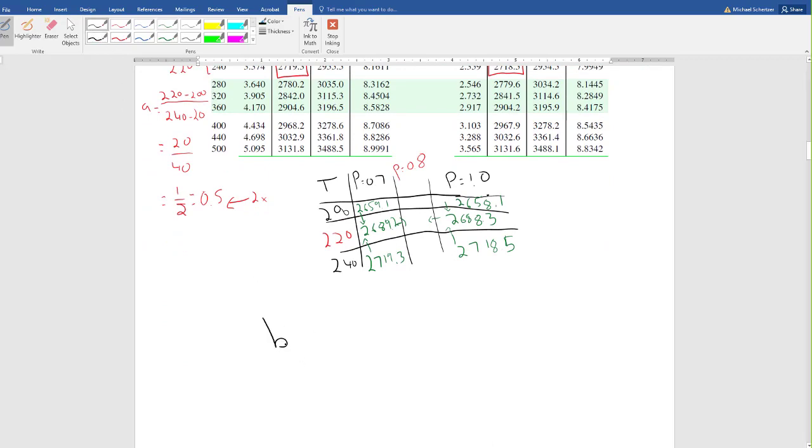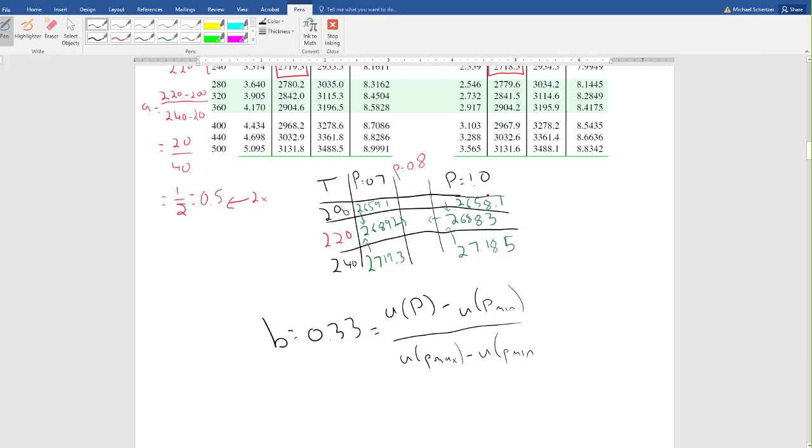So we know that B is equal to 0.33, but it's also equal to U at the pressure we're looking for minus U at P min, divided by U at P max minus U at P min.